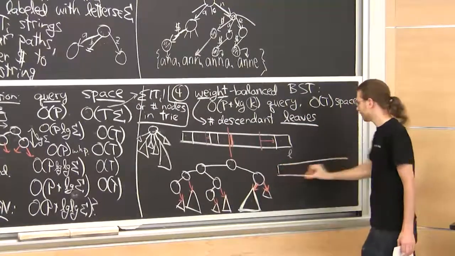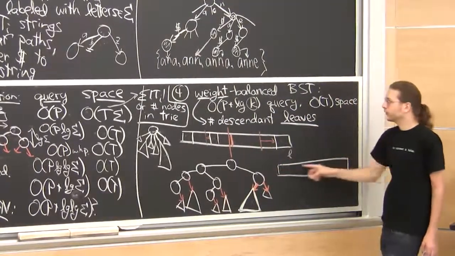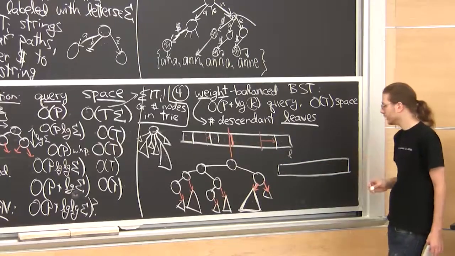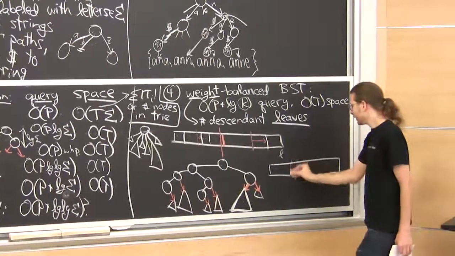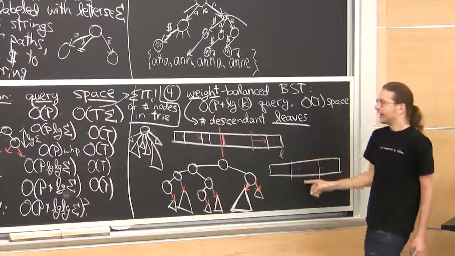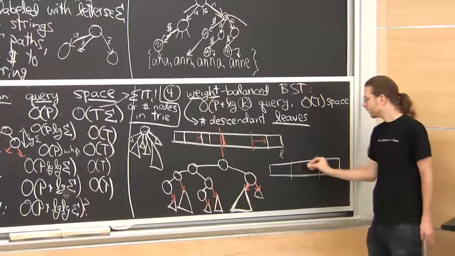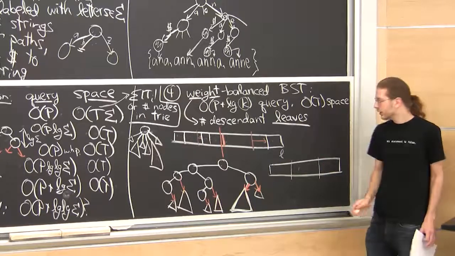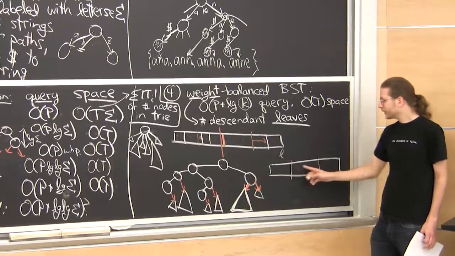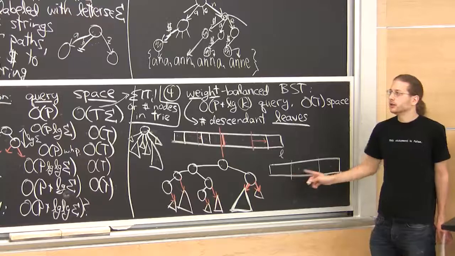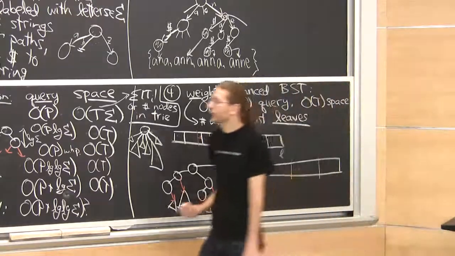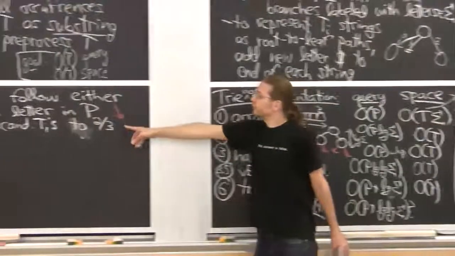If you take one of these arrays, or this view of all the leaves just laid out on a line, you say, well, it would be really nice if I'd like to split in half, but that will never happen unless I'm really lucky. So let's think about this 1/3 splitting. If I were able to cut anywhere in here, then in one step, actually, I would achieve this 2/3 reduction.